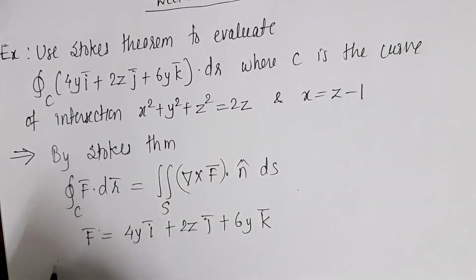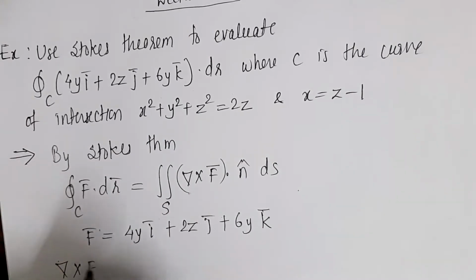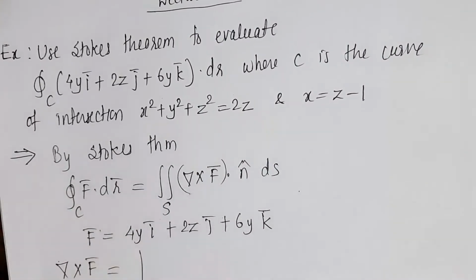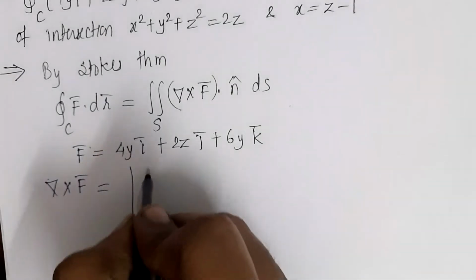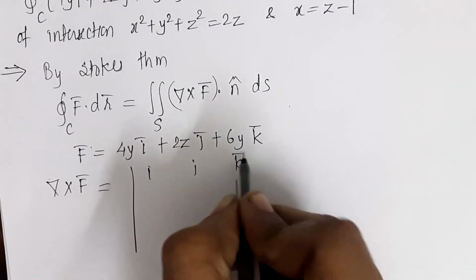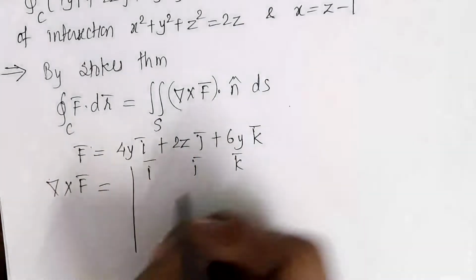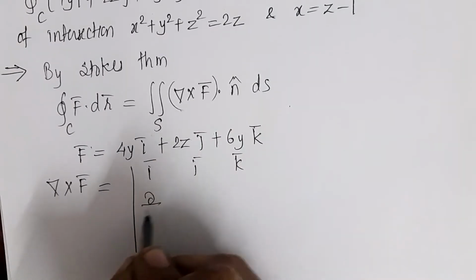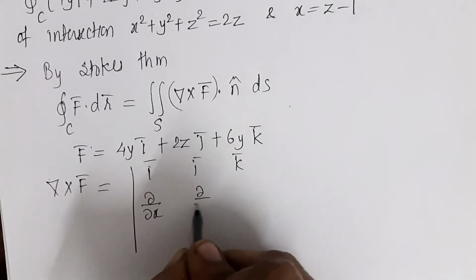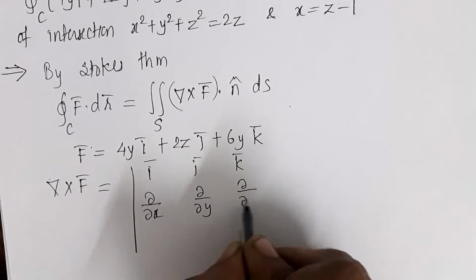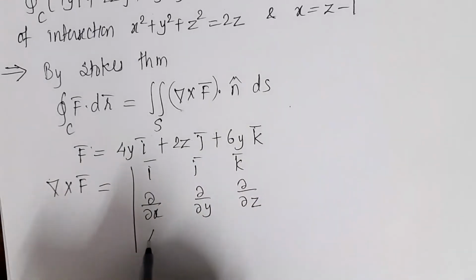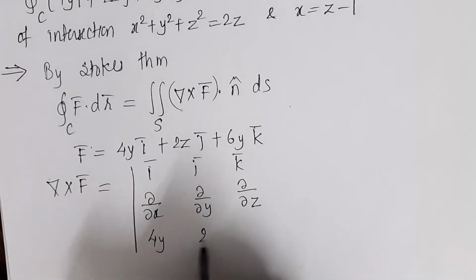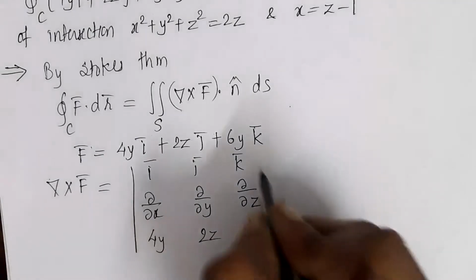Now we want del cross f. So del cross f is equal to the determinant of i, j, k; del by del x, del by del y, del by del z; and the coefficients of f, which are 4y, 2z and 6y.